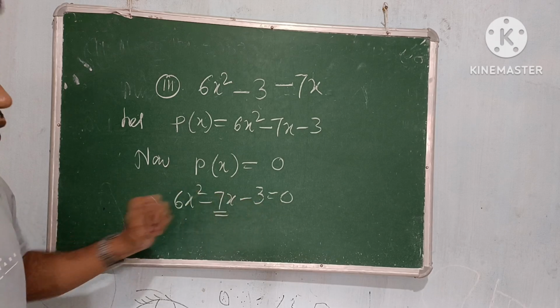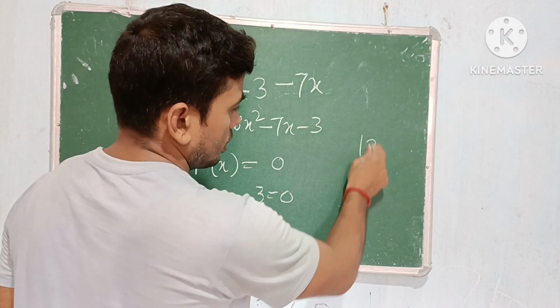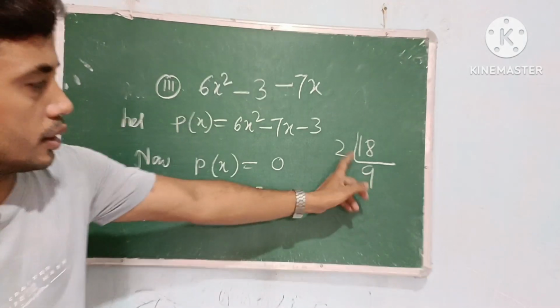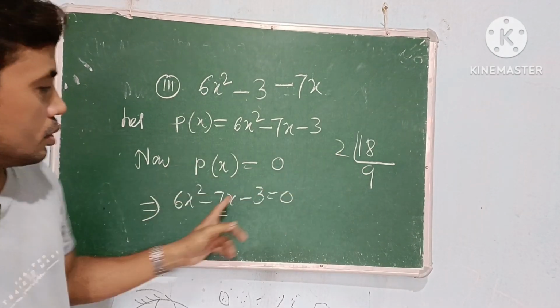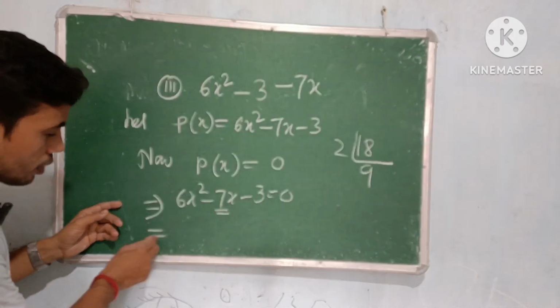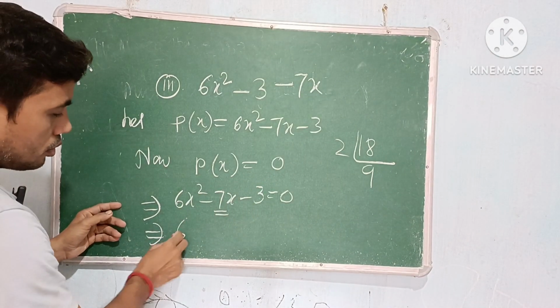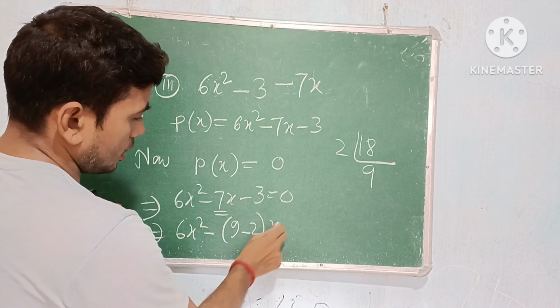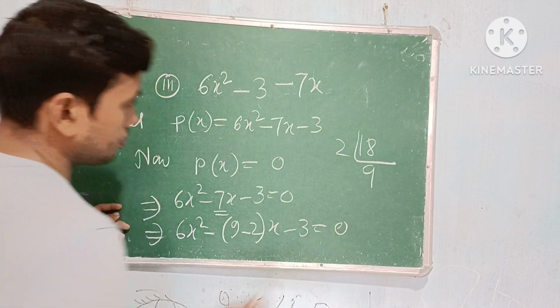AC means 6 into 3, which is 18. So we get 2 and 9: 2 times 9 is 18 and 9 minus 2 is equal to 7. You observe this sign. So replace 7 by 9 minus 2: 6x square minus (9 minus 2)x minus 3 is equal to 0.